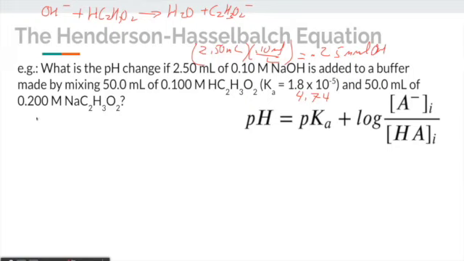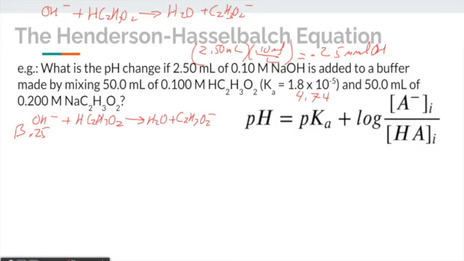So if we think about a BCA chart here, OH- and HC2H3O2 producing water and acetate ion. Our before for hydroxide is 0.25 in millimoles.